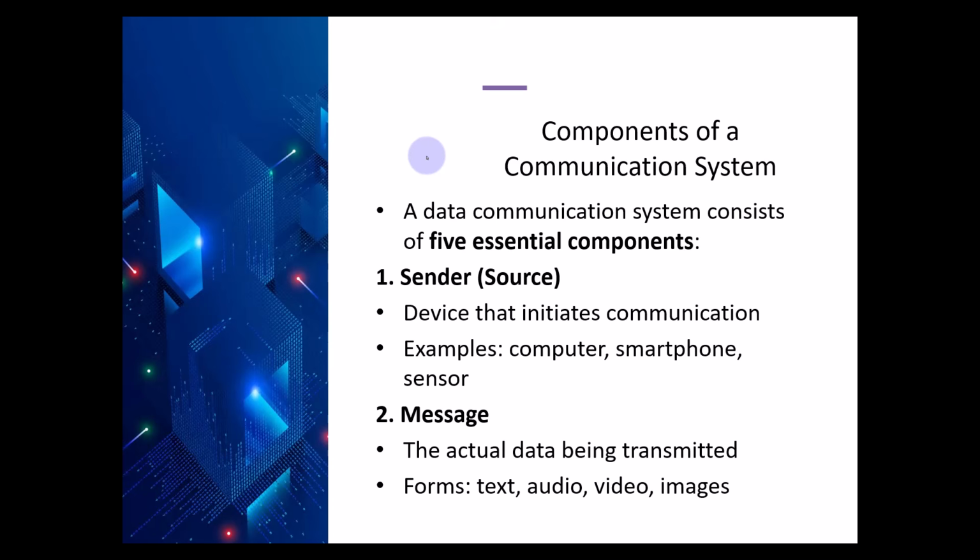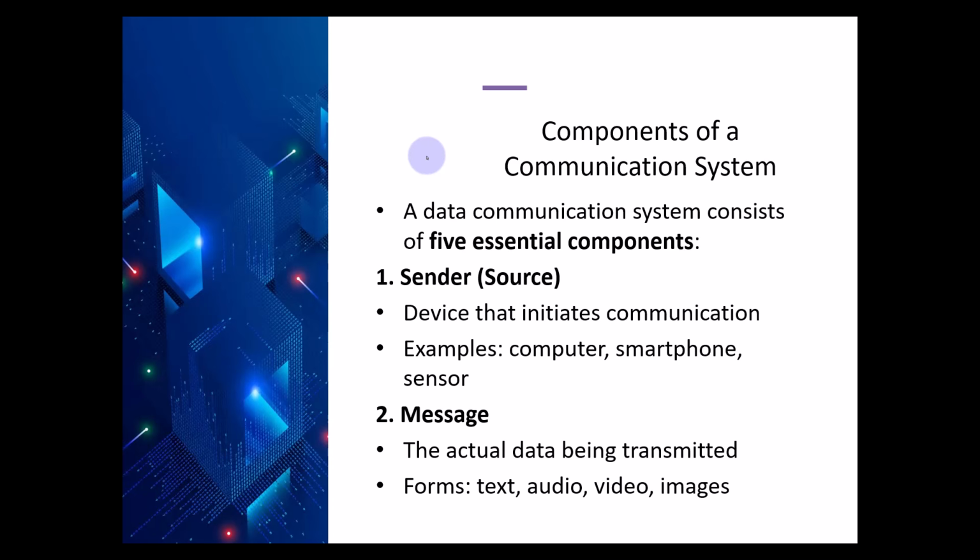For example, if you have a smartphone, or a computer or any other device, and you want to communicate with somebody, you are the one sending the information. So your device becomes the sender. That is the simple definition of the sender. It is the device that starts the communication. And then 2, we have the message. The message is the actual data you are transmitting to the other device.